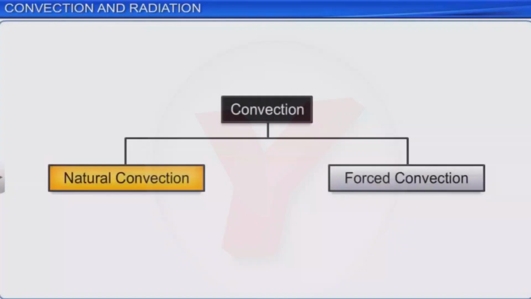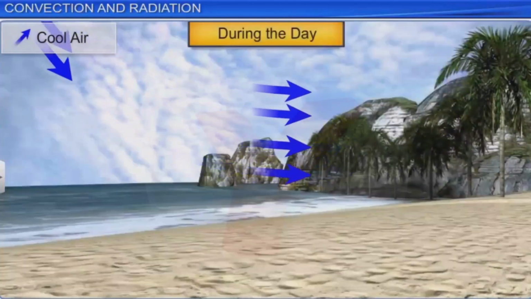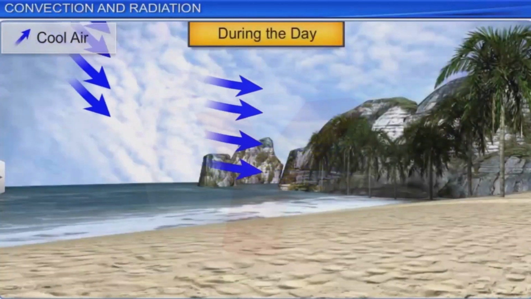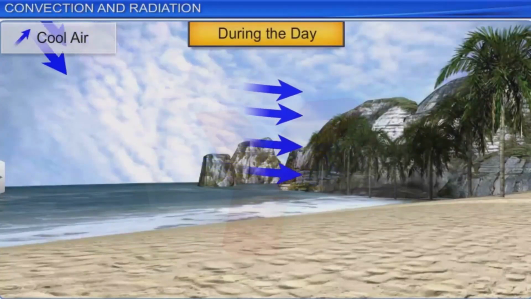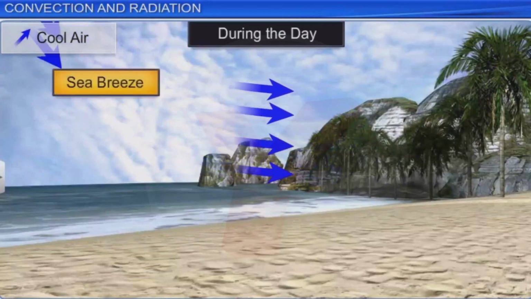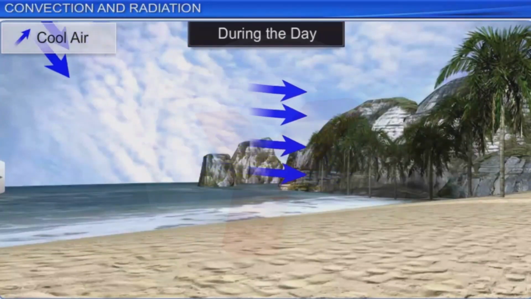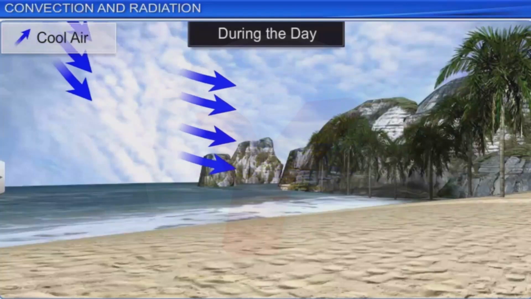Natural convection is responsible for many day-to-day phenomena. For example, in coastal areas, wind blows from the sea to the land in the daytime. This is known as sea breeze. The sea water warms up slower than the land because of high specific heat capacity of water.